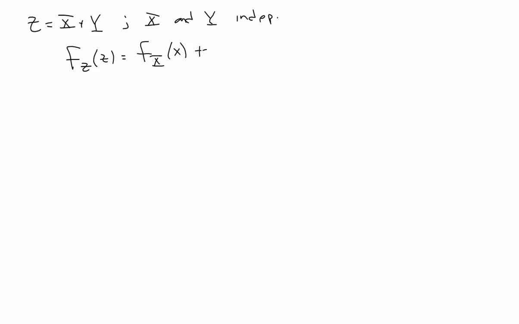All right, so what we find, let's go to the next page. All right, z equals x plus y, x and y independent. What I find is that if random variable z is the sum of two statistically independent random variables, the probability density function for z is the convolution of the PDFs for x and y.